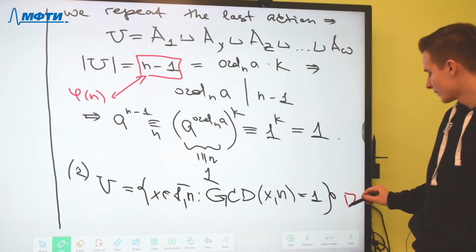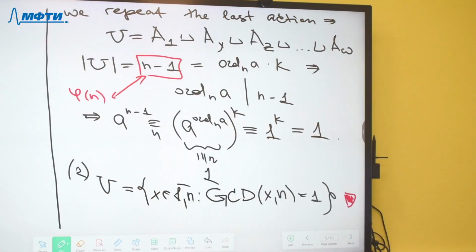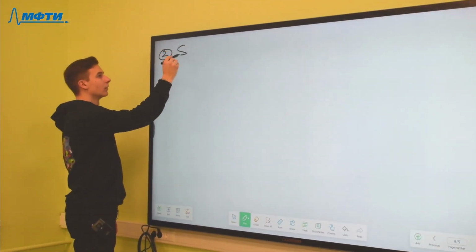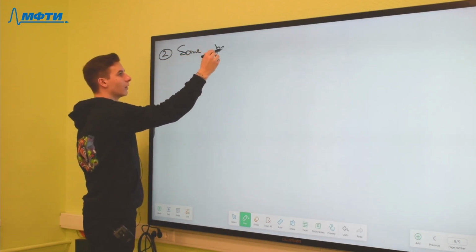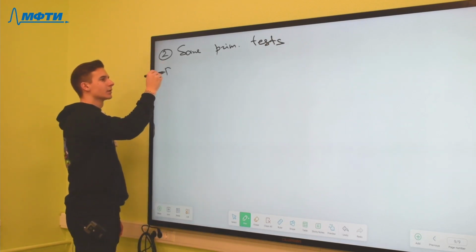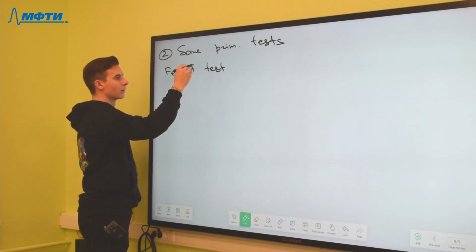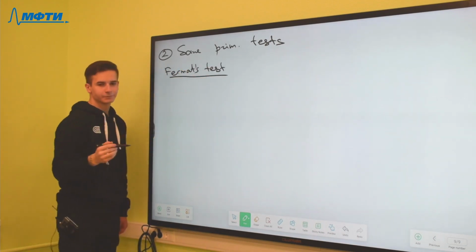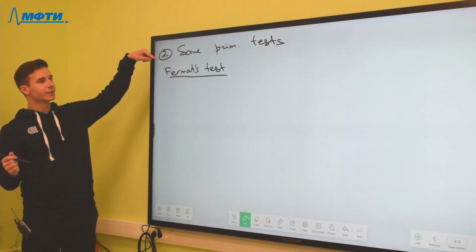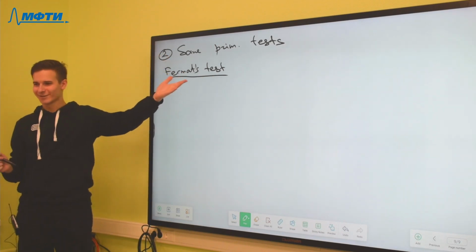So it is a proof of the Euler theorem, and as a consequence of it, we have some tests. Firstly, Fermat's test. It is based on the Fermat little theorem, of course, by its name.